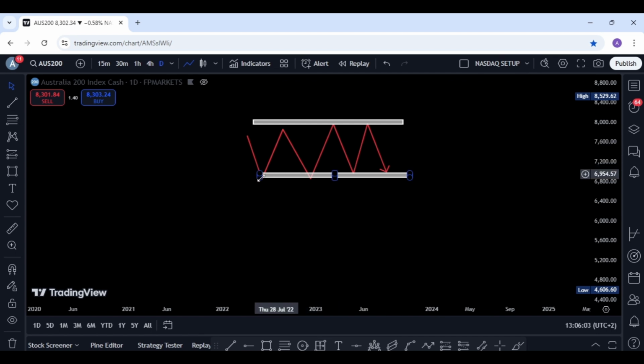Let's say here prices were $110, and they decreased to $100, $110, $100.